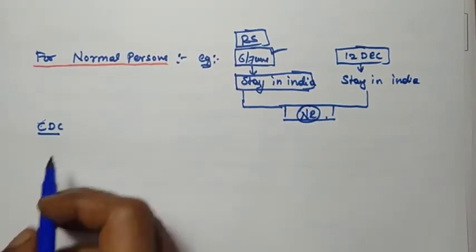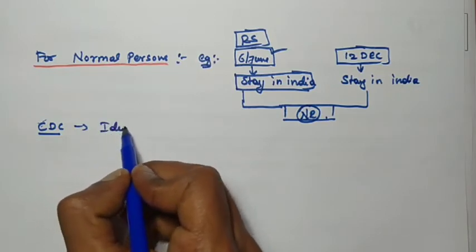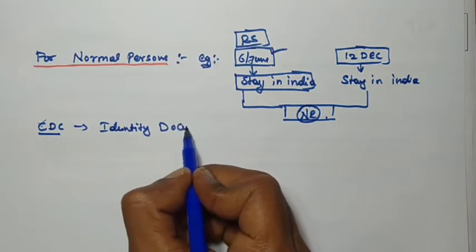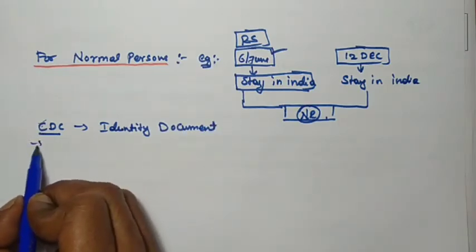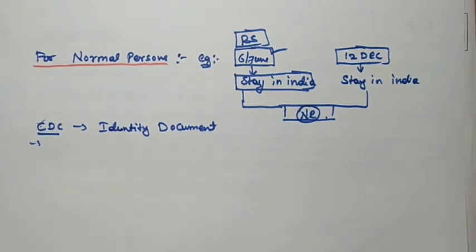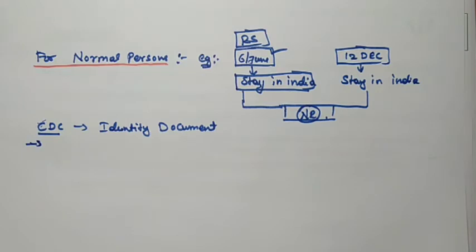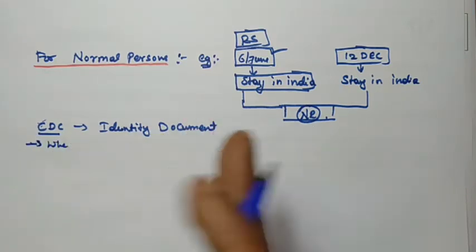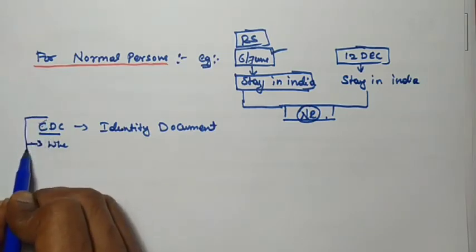It is a seafarer's identity document. In this document, every piece of information of that person will be mentioned, and the dates when he will join and when he will sign off the ship will be mentioned.